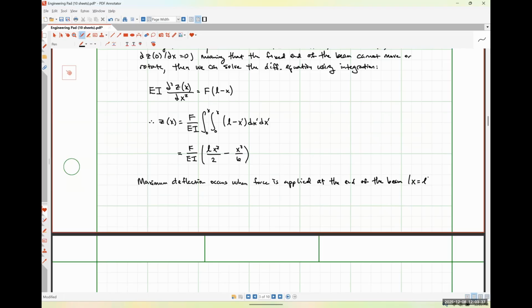So X would be equal to L. So I could say that Z max is just going to be F times L cubed over 3EI. And then I can rearrange this thing.